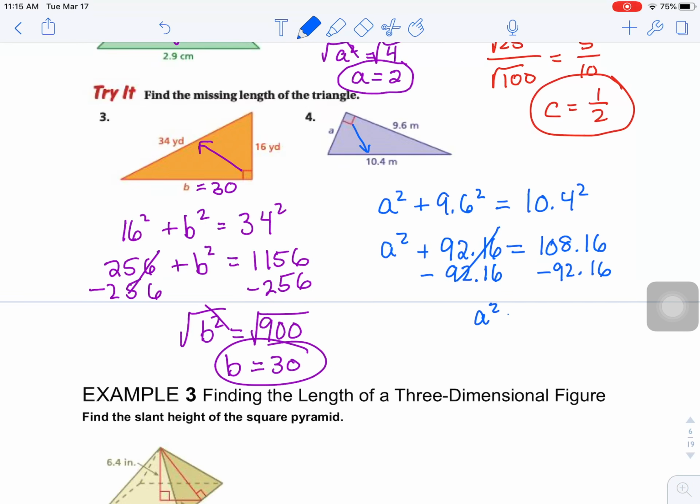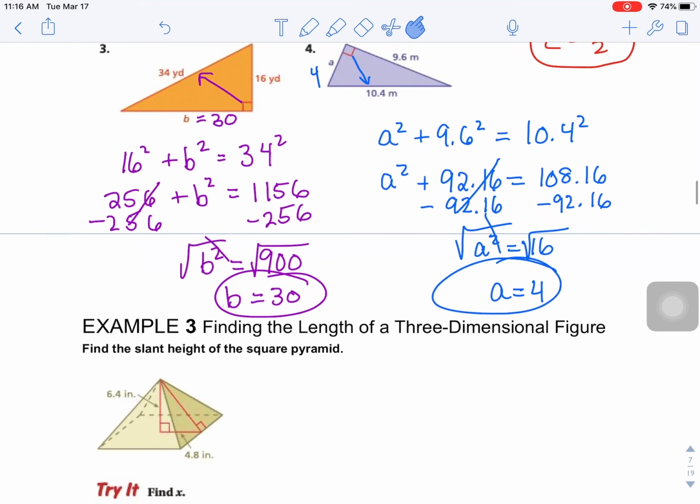So I get a squared equals 16. Square root both sides to isolate a, and a equals 4.